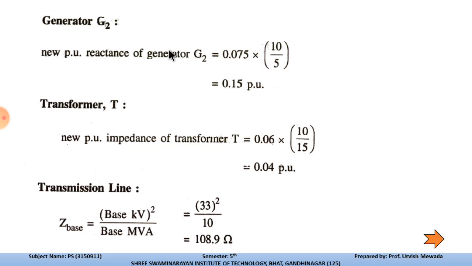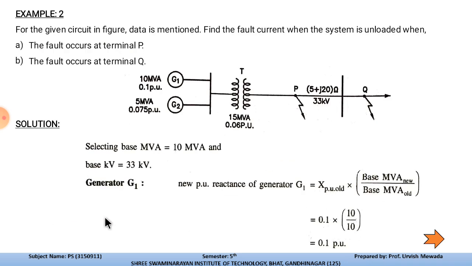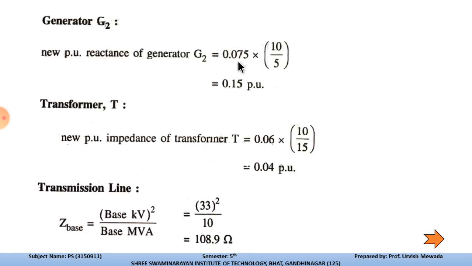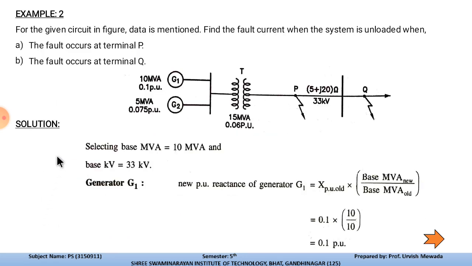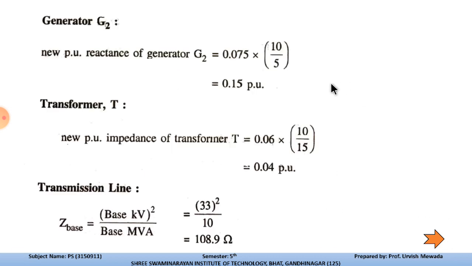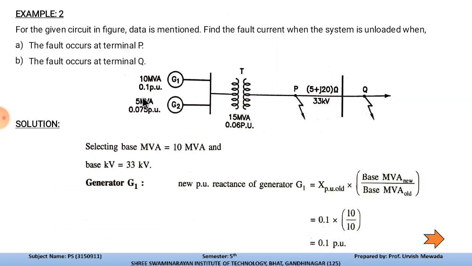Now for generator G2, the new PU reactance is, the equation remains the same, X PU old multiplied by base MVA new divided by base MVA old. The X PU old is 0.075, the base MVA new that we have selected is 10, and the base MVA of this generator G2 is 5 MVA.